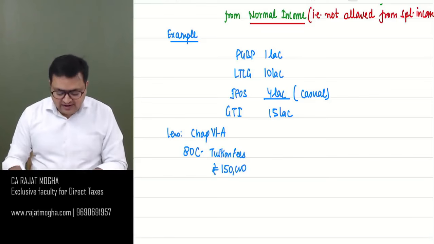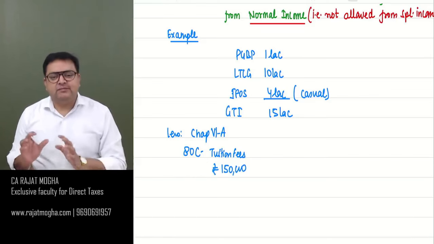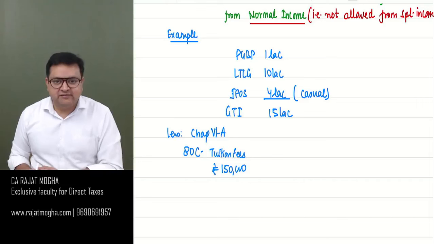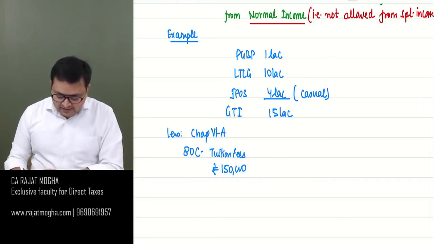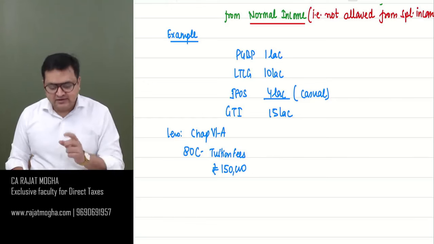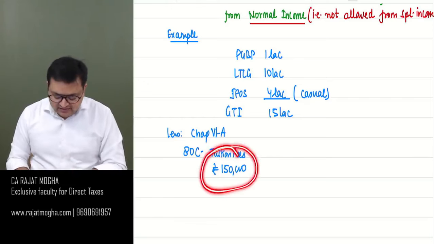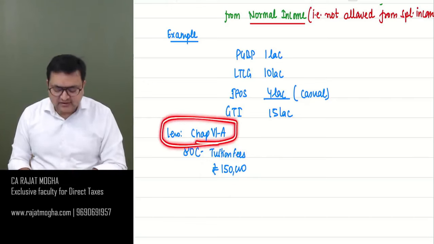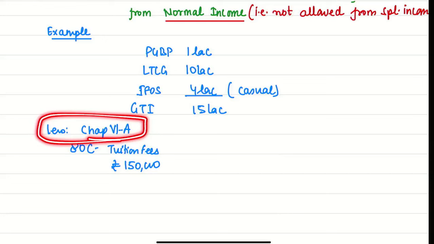In 80C, we know that maximum 1,50,000 is the deduction available. Now, can I subtract it from GTI? It is 15 lakh. Can I subtract 1.5 lakh from here? The answer is these deductions under chapter 6A are available only and only from our normal income.